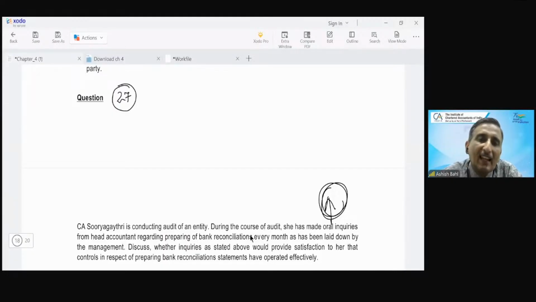Say the head accountant says, yes, ma'am, we have prepared the bank reconciliations every month. Now, has she obtained sufficient appropriate audit evidence by doing this? Yes, Ms. Mansoori, you are asking me to explain the second part of the question.